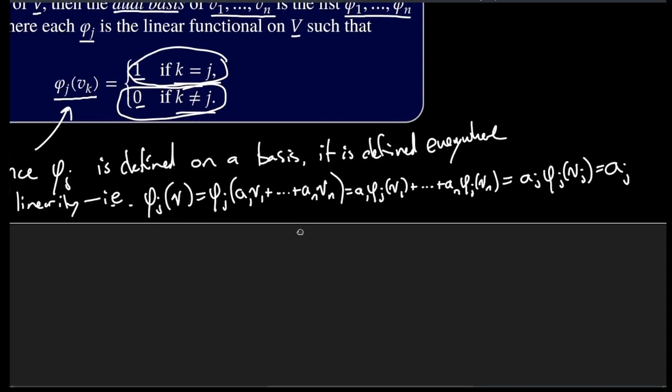Hey, wait a second. We've actually seen this linear functional flying around everywhere, though we haven't acknowledged it. When you take a vector v and write it as a linear combination of a basis, the coefficients are the values of these dual basis vectors.